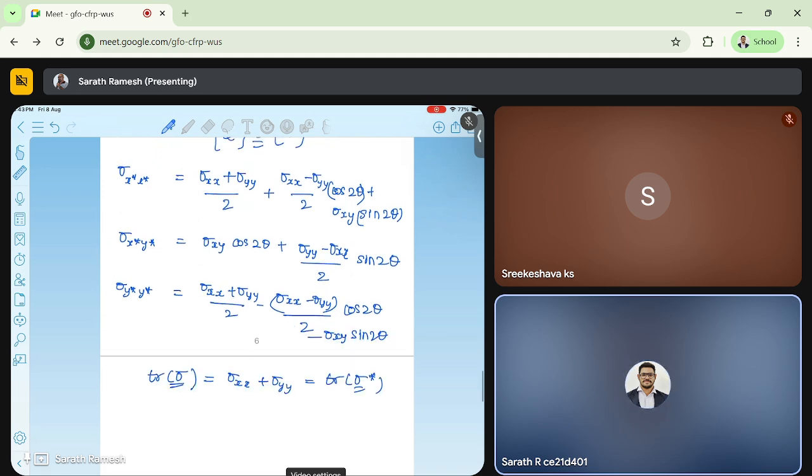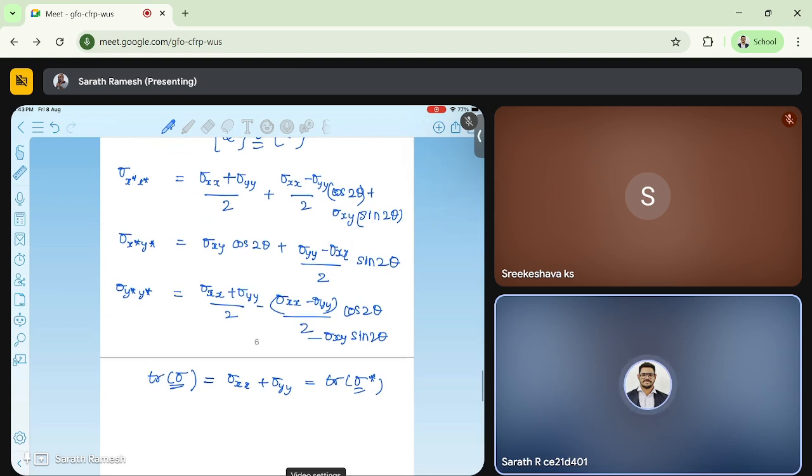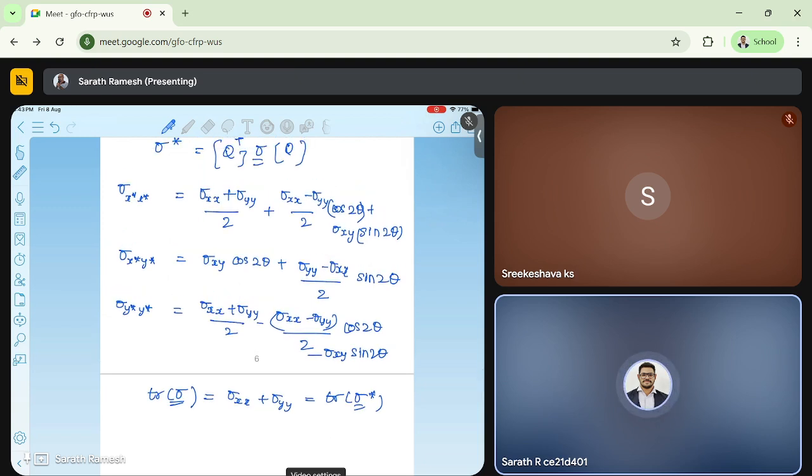Now, the concept of Mohr circle is very simple. From these stress transformation equations, we will do some mathematical manipulation to write them in the form of an equation of a circle. Once we can do that, we can represent a stress state using a point in a circle.